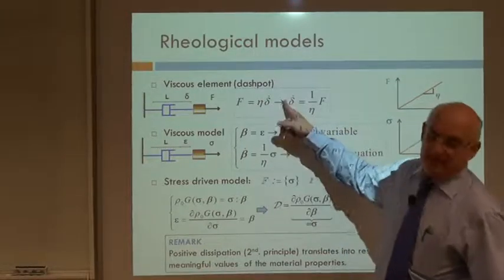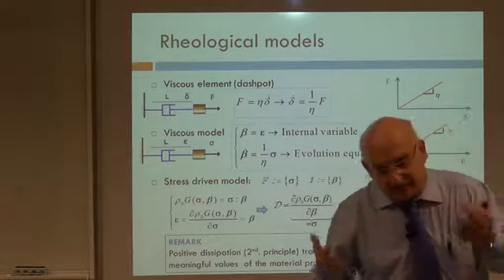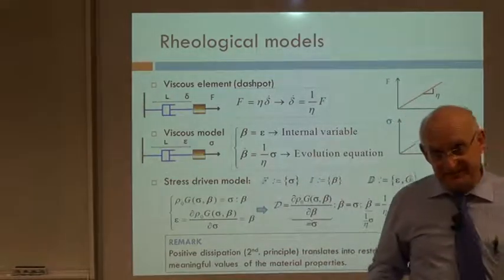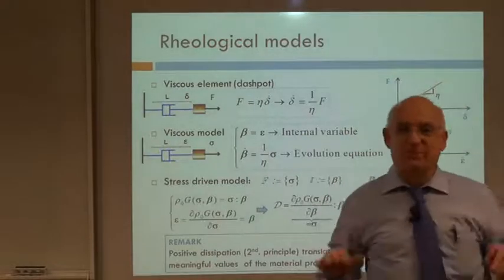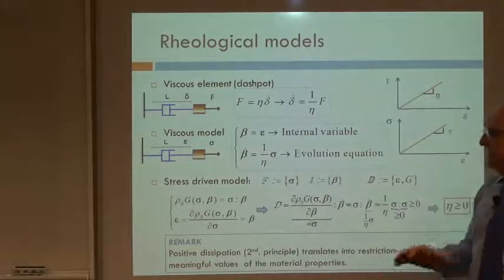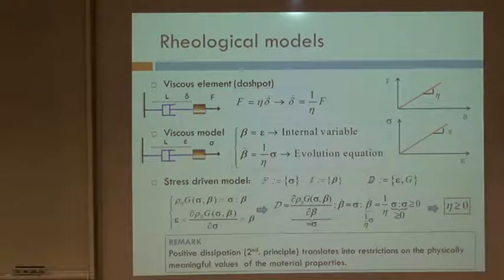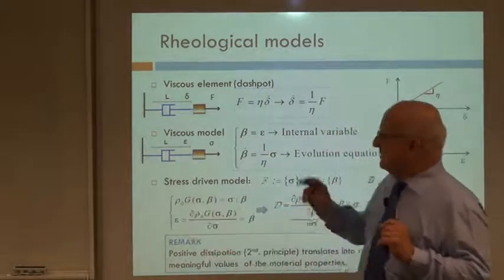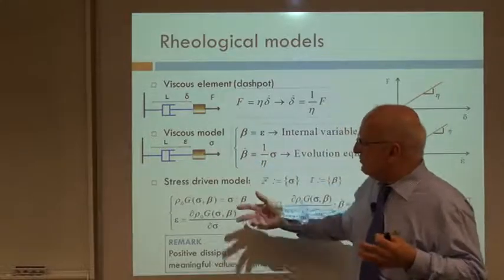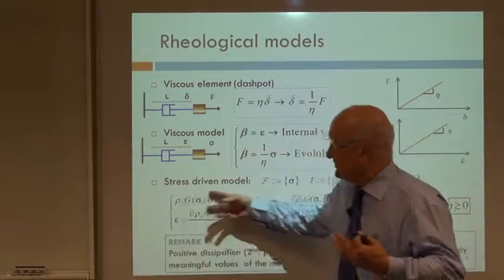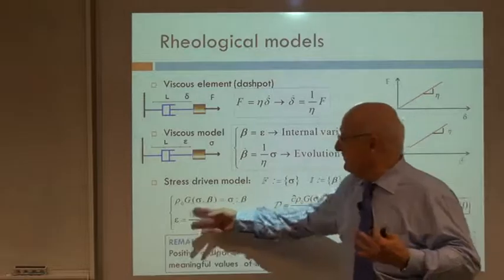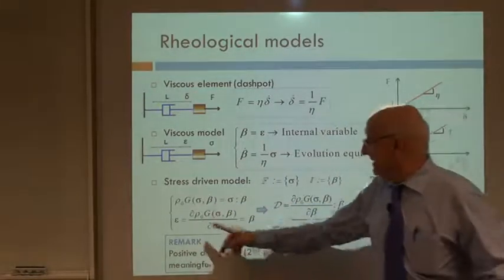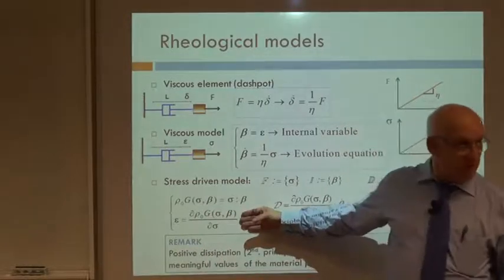By comparison, we are guessing that at the end of the day we have to obtain that this beta is precisely the strain. Okay? In principle, we're done. So this is a quite aseptic variable environment in which I've chosen, in a case in which we just guess what the Gibbs potential is, in virtue of what we want to obtain from the constitutive equation. This, in fact, is the constitutive equation.